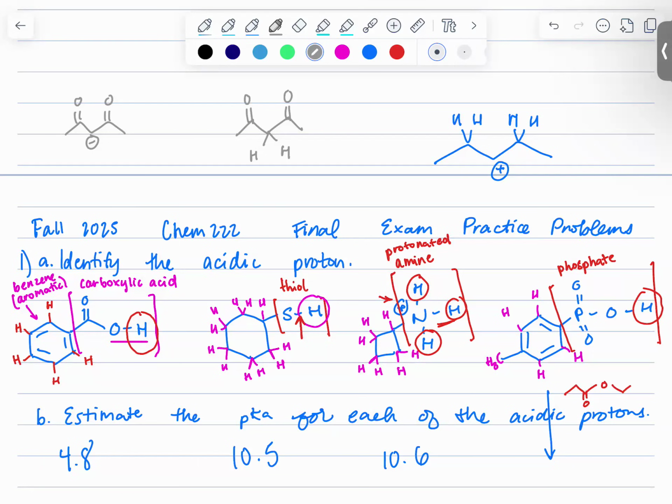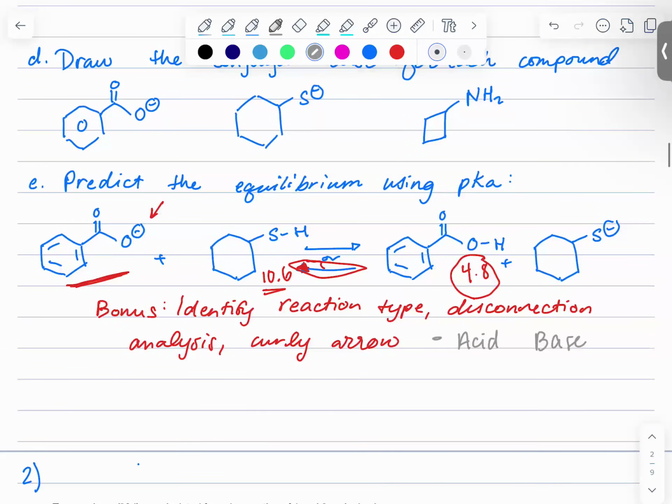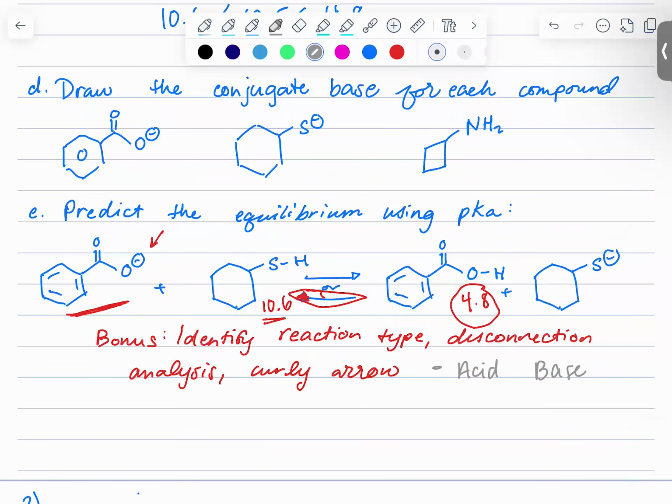Any other questions? Okay. So disconnection analysis with this. We'll say doing it in the direction of equilibrium. What bond will I break?